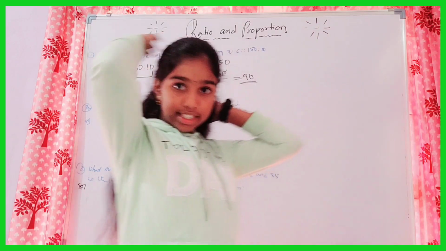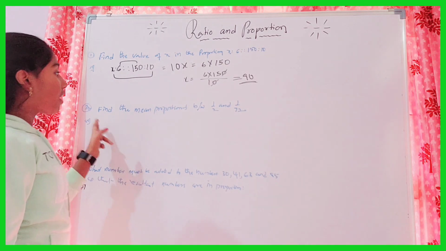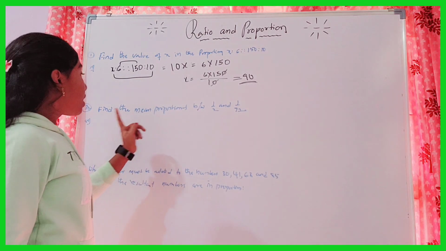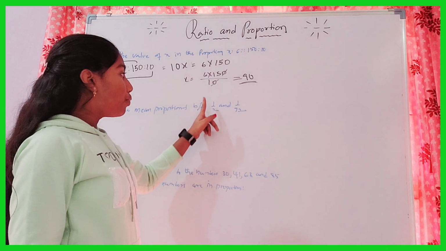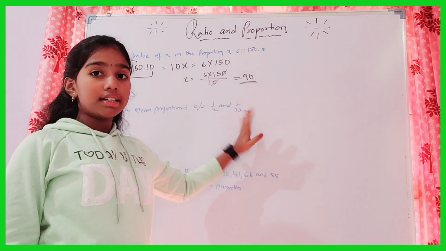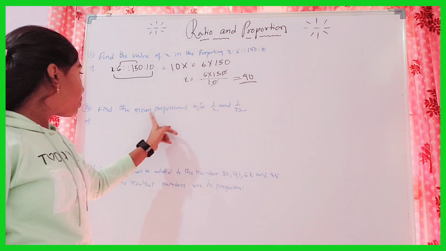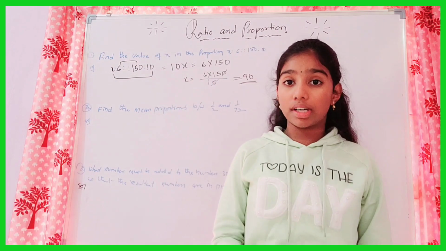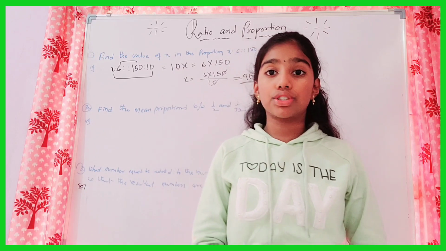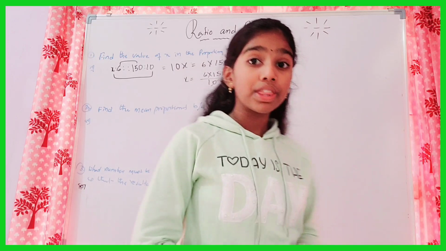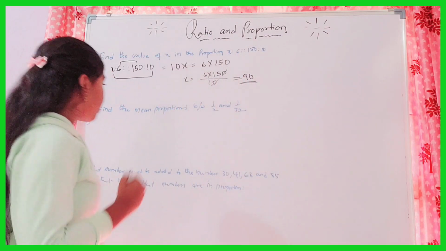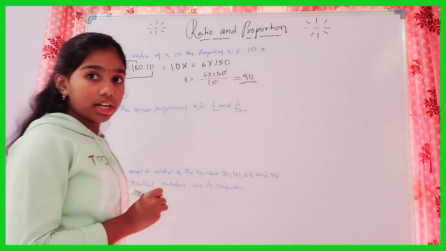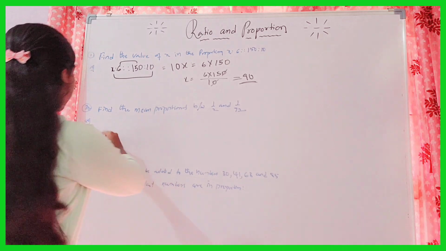Now let's go to the next example: find the mean proportional between 1 by 2 and 1 by 72. Mean proportional, or geometric proportional, we have already learned about in continued proportion.